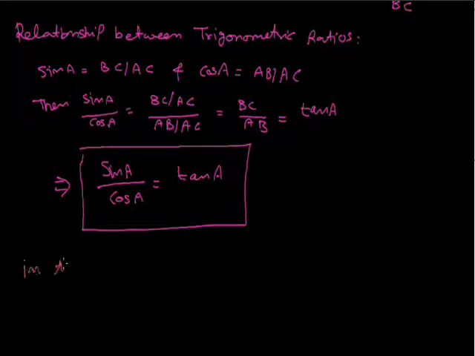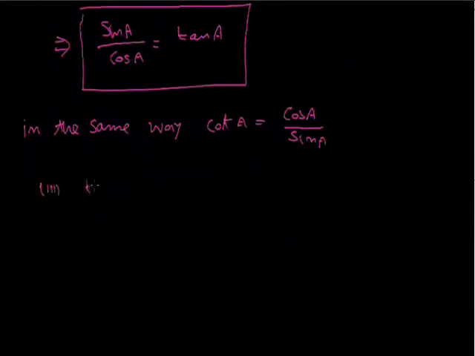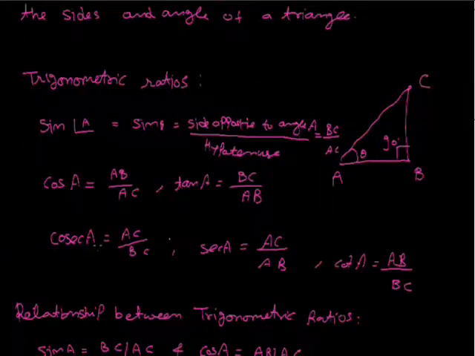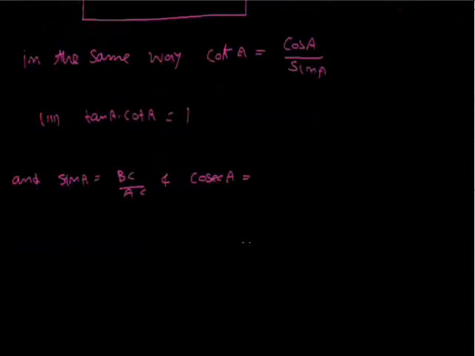In the same way, cot A equal to cos A upon sin A. And third, tan A into cot A equal to 1. As given, sin A equal to BC by AC and cosec A equal to AC by BC.